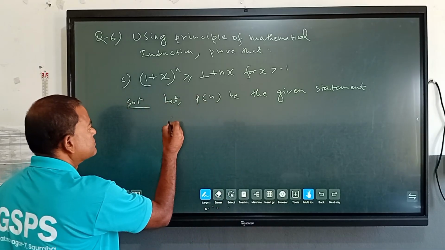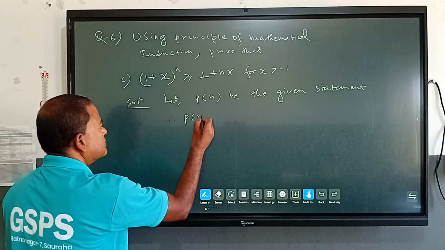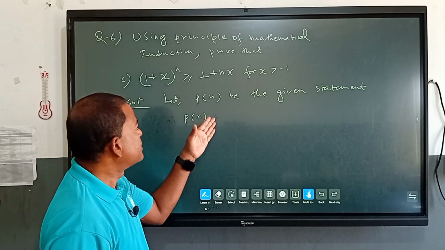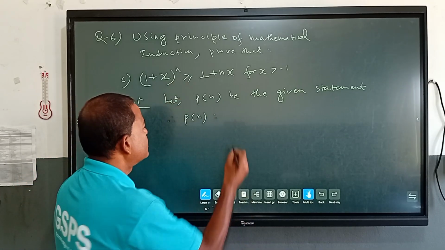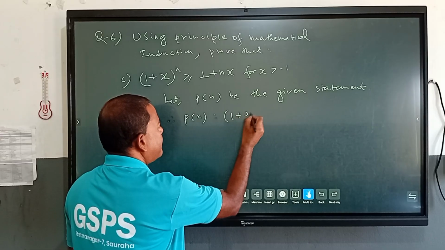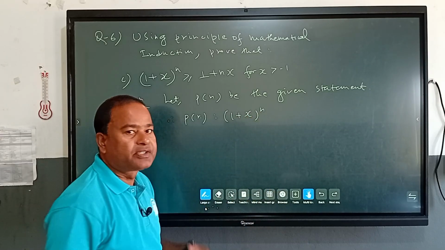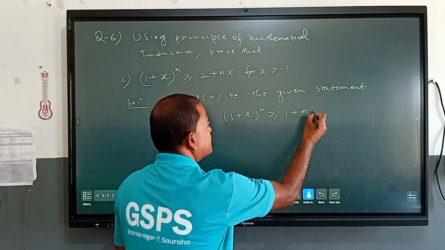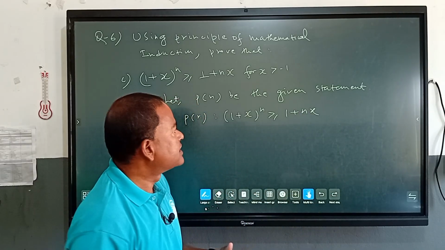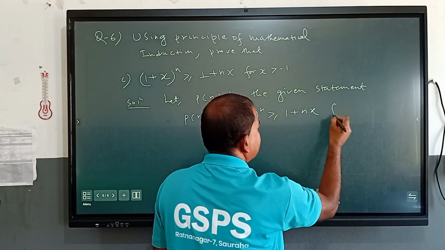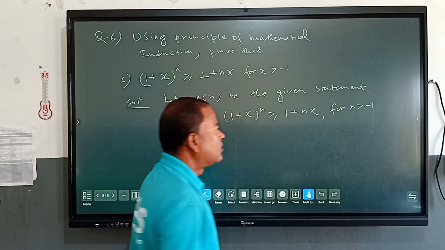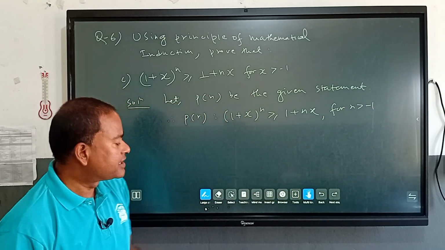Therefore, we can write Pn such that (1 plus x) whole power n is greater than or equal to 1 plus nx, for x greater than minus 1.